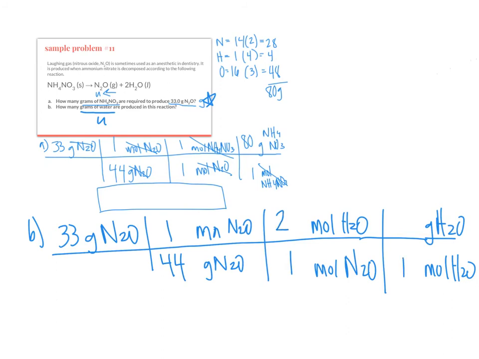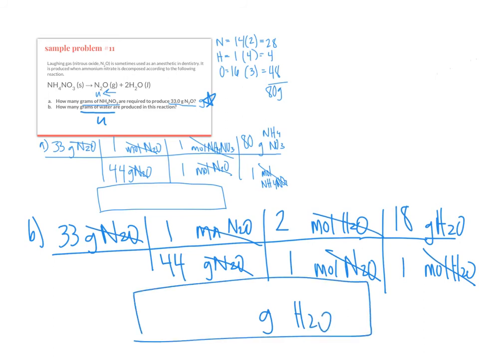And then 1 mole of H2O equals 18 grams, because 16 grams for oxygen plus 2 hydrogens equals 18. Okay? Make sure everything cancels. Moles N2O, moles N2O, moles H2O, moles H2O. So your answer is in grams H2O, but you, again, get to work it out. So work out parts A and B on that.